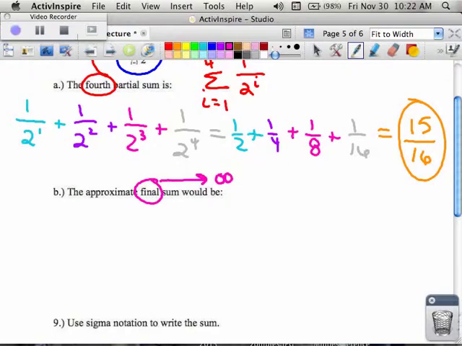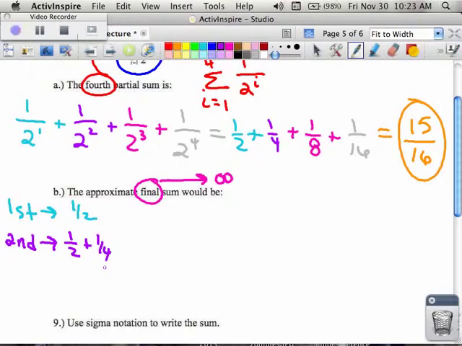If I looked at just the first partial sum, that means I look at just the thing that was in the light blue, and that would have been 1/2. Well, what if I added the first 2 things, or in other words, the second partial sum? That would be the 1/2 from before, plus the 1/4 that showed up in the purple.